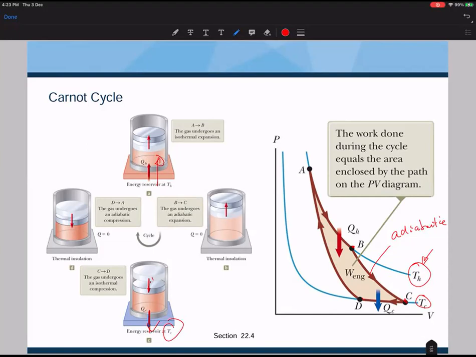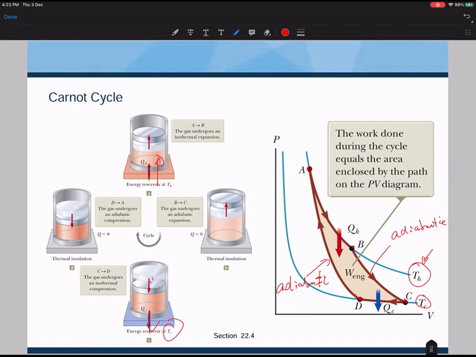And finally, when it comes to the point D, it will undergo an adiabatic compression back to the point A. So in this way, you have two adiabatic processes and two isothermal processes, labeled as A, B, C, and D.